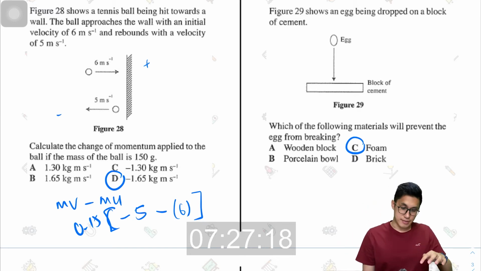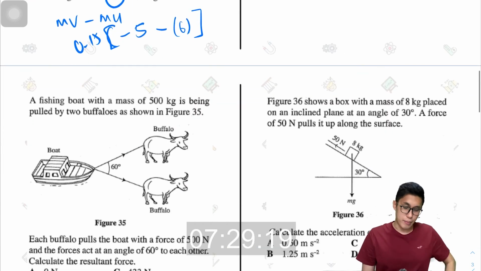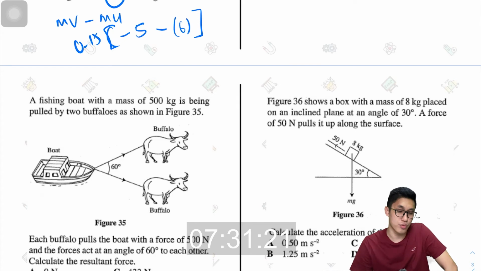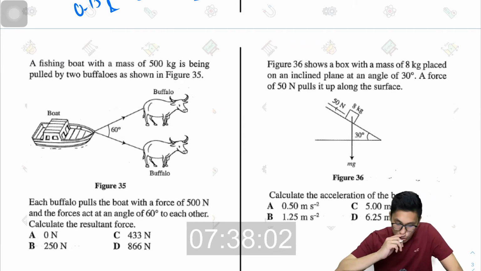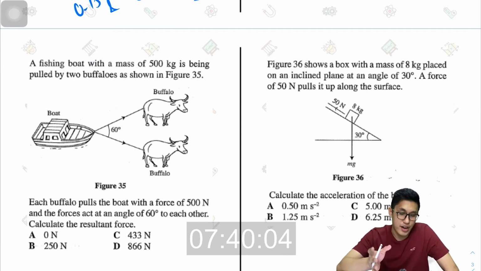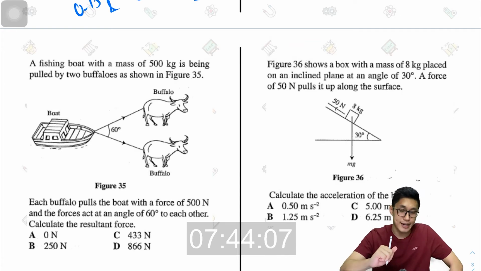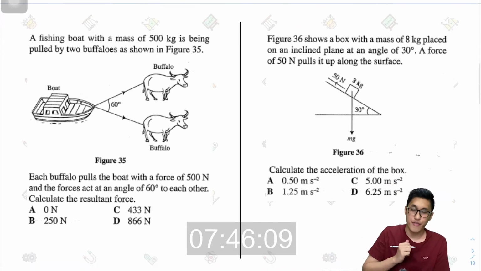Okay, next. A fishing boat with a mass of 500 kg is being pulled by 2 buffaloes as shown in figure 35. So the mass is 500 kg. Each buffalo pulls the boat with a force of 500 newtons and the forces act at an angle of 60 degrees to each other. Calculate the resultant forces.